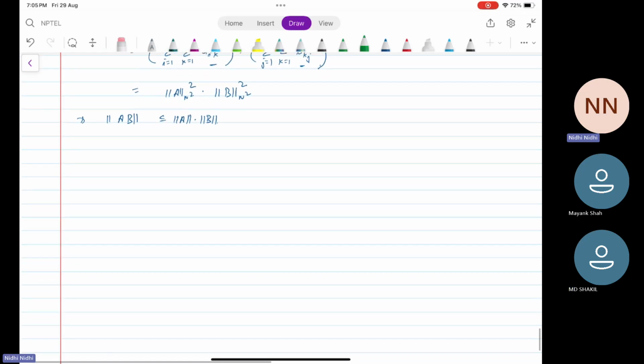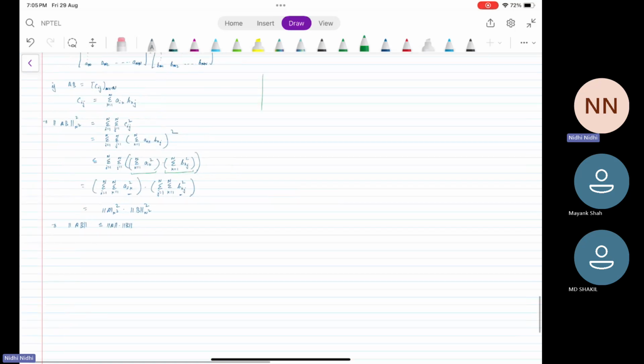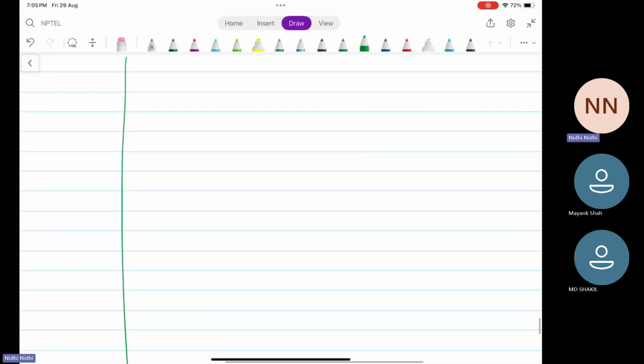So we claim that if the operator norm of I minus M is less than 1, then M is invertible.